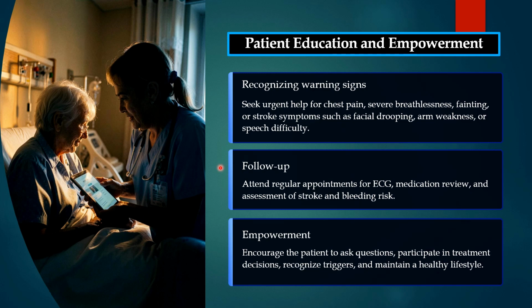Educate about the follow-up. They should attend regular appointments for ECG, medication review, and assessment of stroke and bleeding risk. Last is to empower the patients. Always encourage the patient to ask questions, participate in treatment decisions, recognize triggers, and maintain a healthy lifestyle.